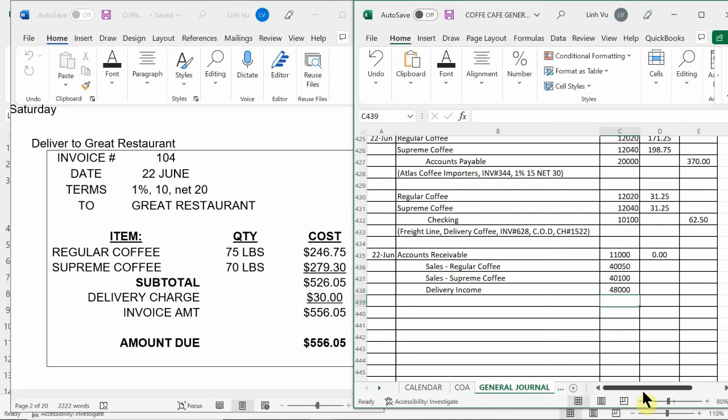Okay. So how much of each? It's 75 pounds.